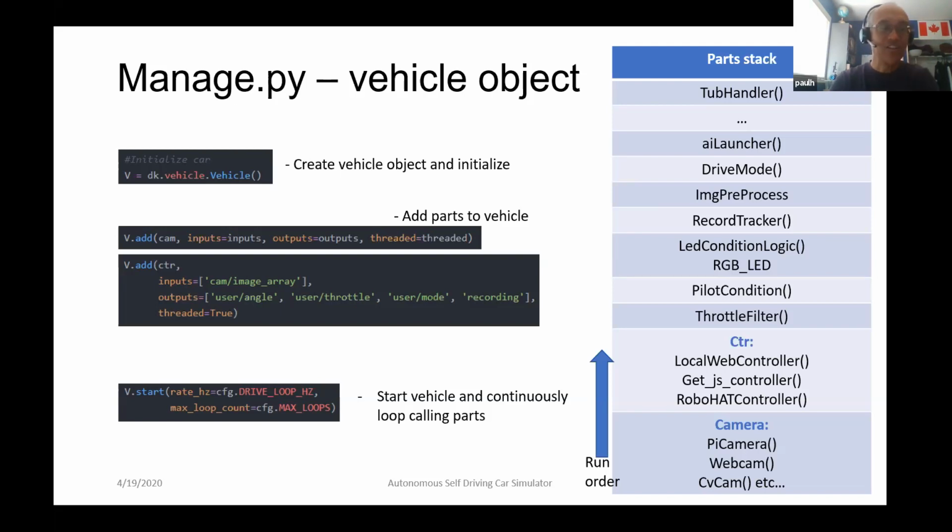But if in manage.py you give it the --js option, or you set use joystick to true in the config, I can't remember the exact configuration value, but there's a value in there that just says use joystick, it will then call get joystick controller. It won't call the web controller, so you won't have a web page being served, and you now control everything through your joystick or your gamepad. And then there's a bunch of little modifications there.